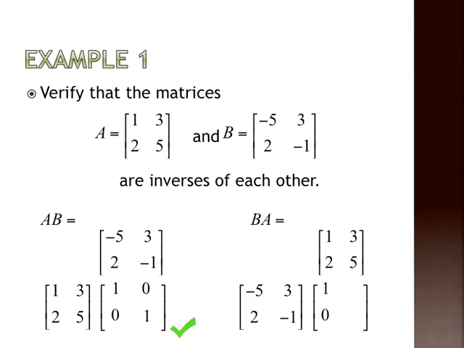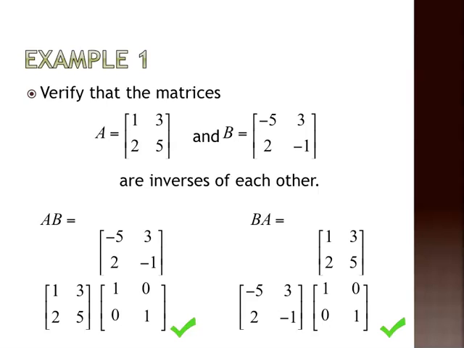Negative 5 times 3 plus 3 times 5, that's 0. And then 3 times 2 plus 5 times negative 1, that's equal to 1. So that also gives us the identity matrix. So we have verified that these two matrices are in fact inverses of each other because multiplying them both ways gives you the identity matrix.